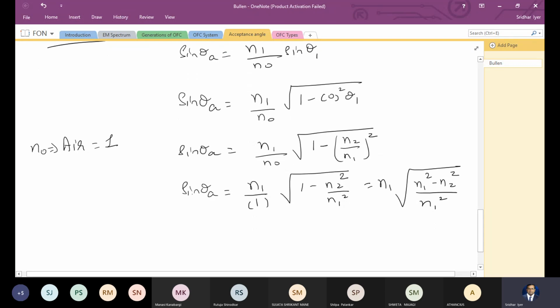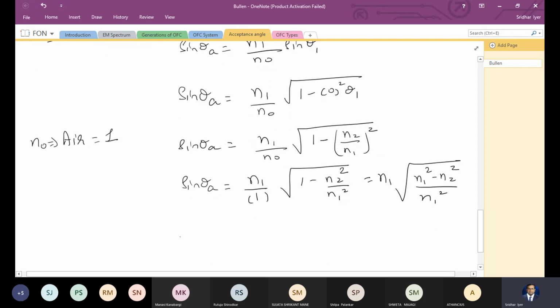Therefore, finally, sine theta a will become n1. Now I'll get that n1 square in the denominator of the square root outside, so it will just be n1 root of n1 square minus n2 square.